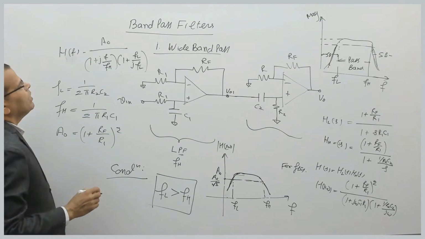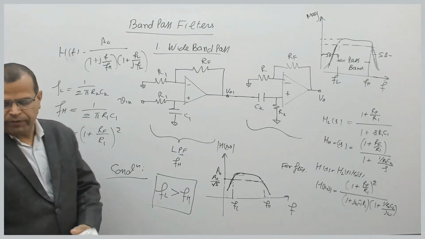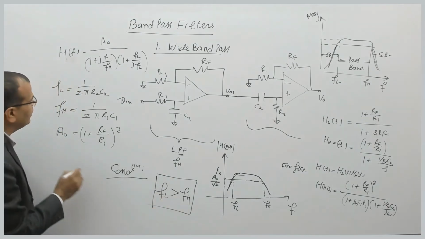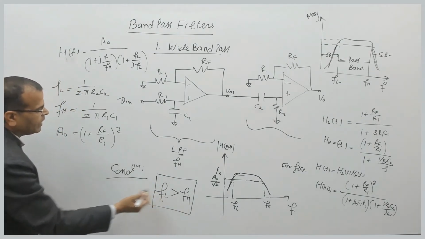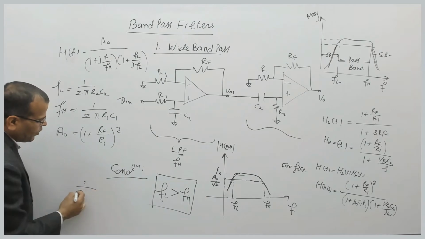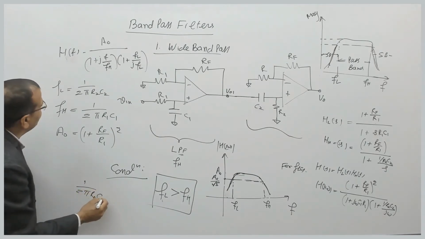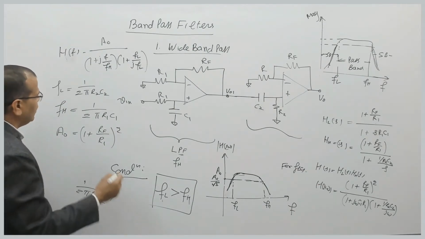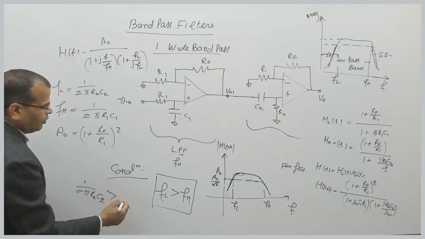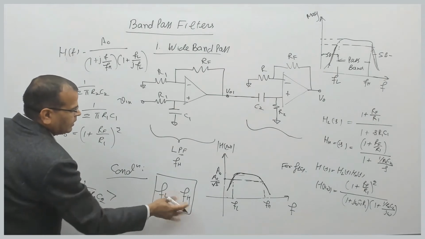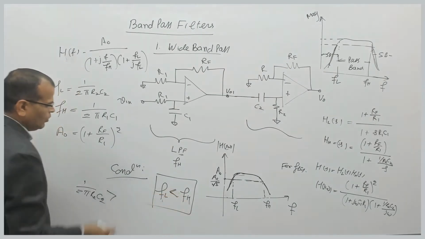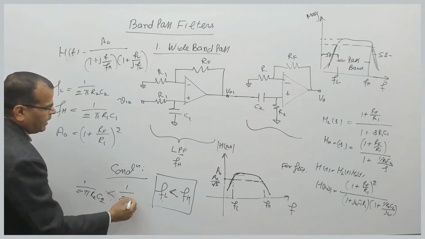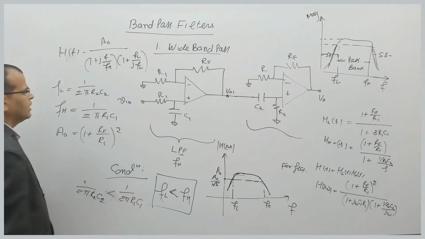Now, this is the condition. If you follow this condition, what do you have? fL should be less than fH, so 1 by 2 pi R2C2 should be less than 1 by 2 pi R1C1.